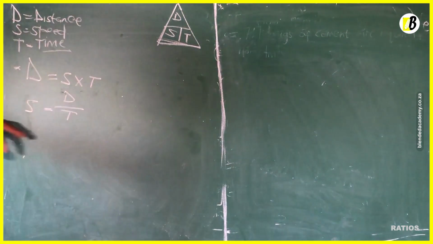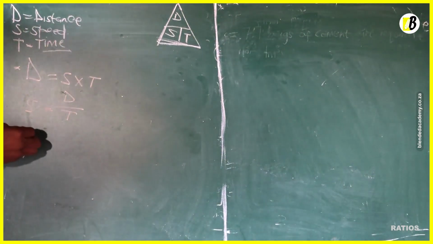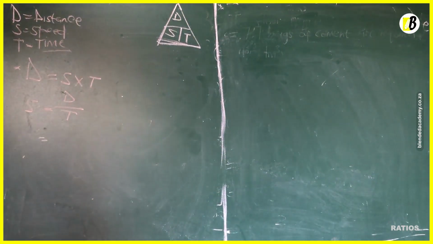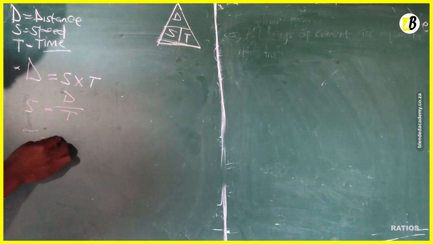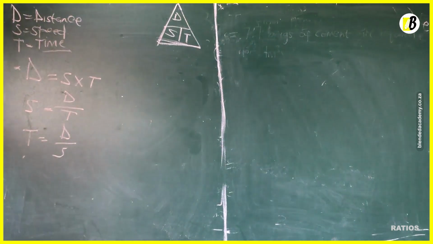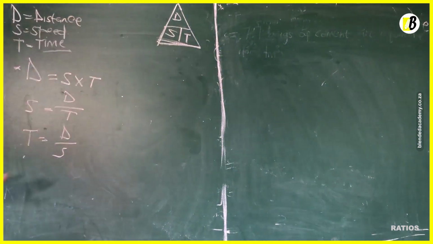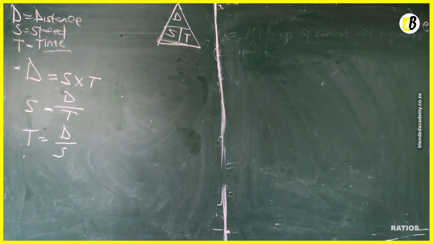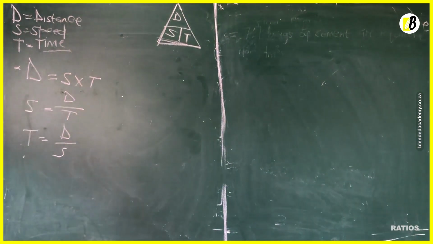And then lastly, when the question asks you to calculate time, it's going to be distance divided by speed. Simple as that. So basically this triangle represents these formulas. If you are able to understand these formulas, then you can calculate what is required in this equation.